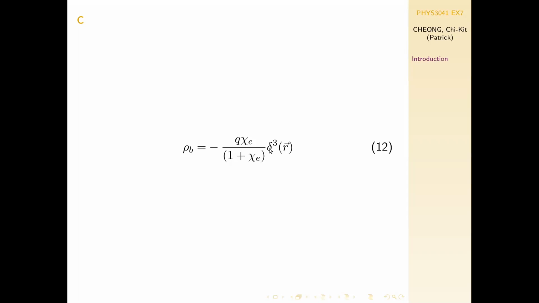Only when your volume integral covers the origin will you obtain the negative charge, minus q, times the extra constant chi e over 1 plus chi e. So it is obvious that this is the charge distribution of a point charge.